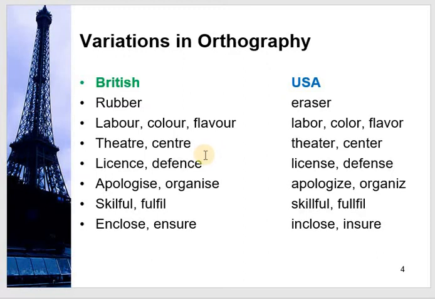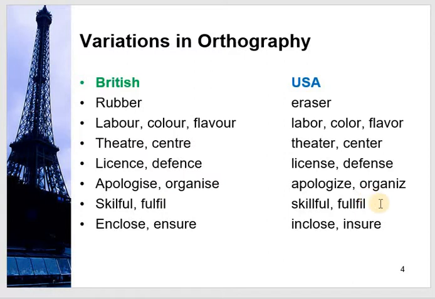License and defense are written with C in British English, Americans write with S. Apologize and organize are written with S in British English, and Americans feel that if the sound is pronounced, the letter Z should be used. Even in the pronunciation of the letter Z, British say Zed and Americans say Zee. Skillful and fulfill: we find a single L in British English.